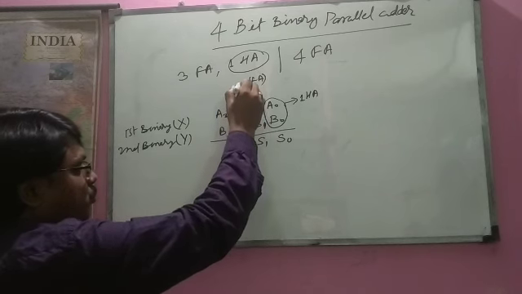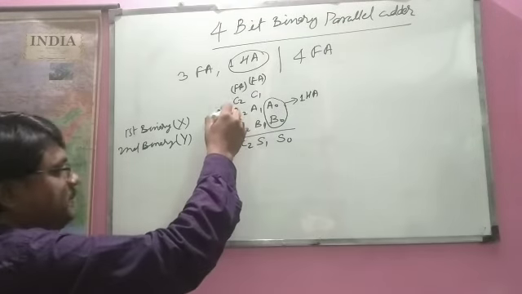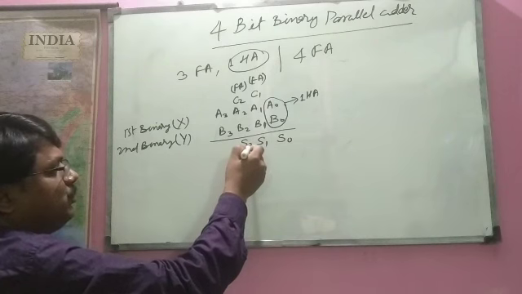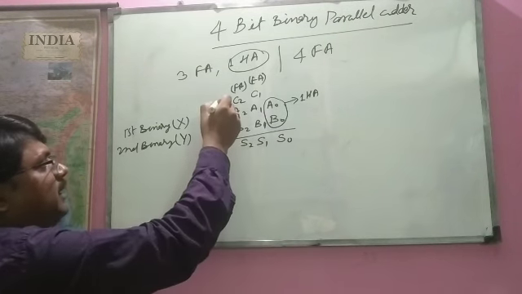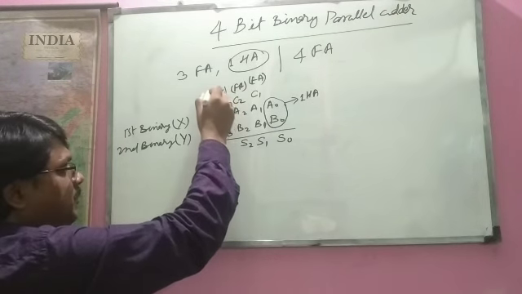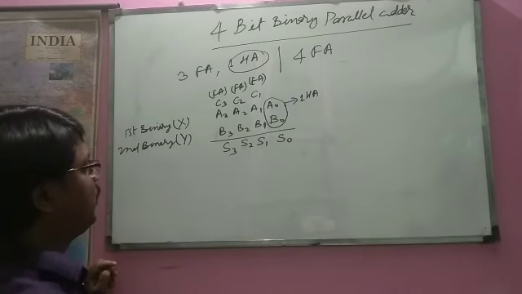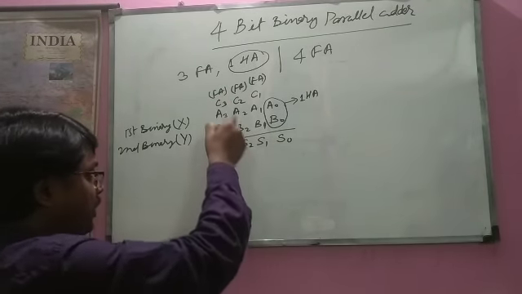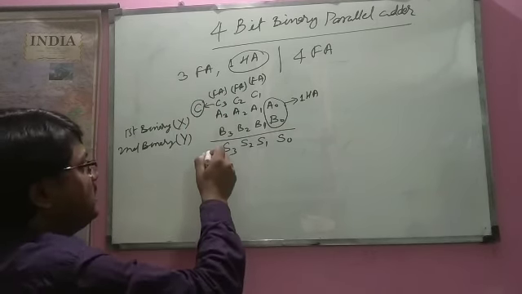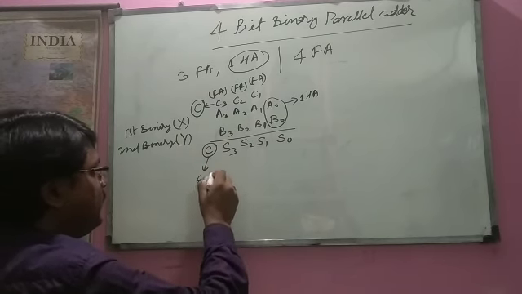The next full adder will give the carry C2 and the sum S2, and a carry will be generated here, which again can be added with the help of a full adder. It will give S3, and it will again generate a carry, that is known as the end carry.